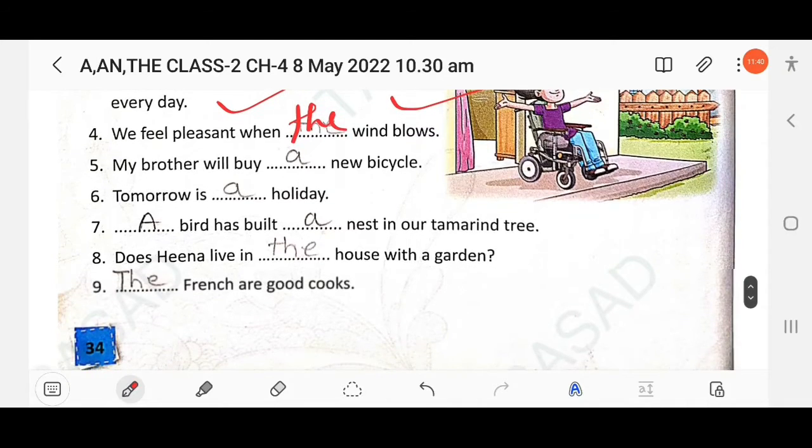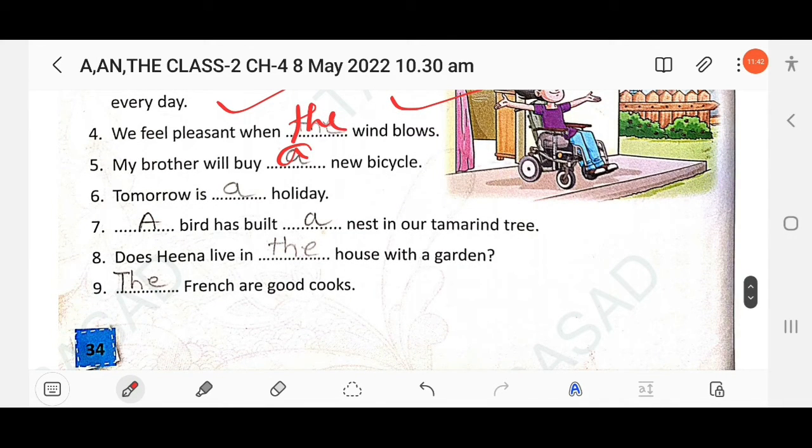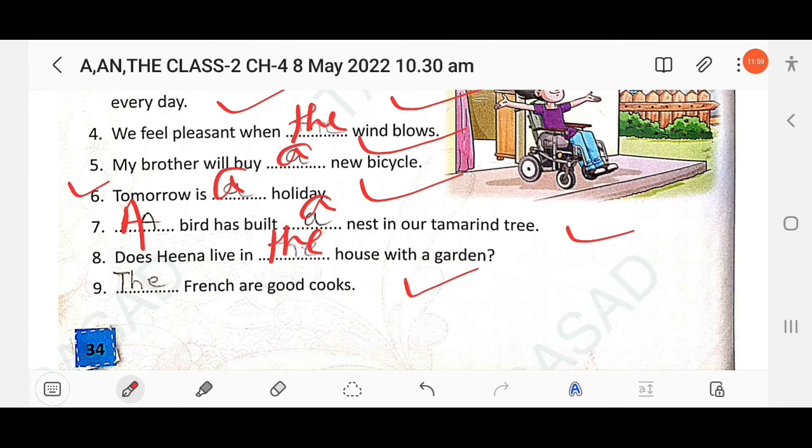Then next here, my brother will buy a new bicycle. Then next here, tomorrow is a holiday. Then next, a bird has built a nest in our tamarind tree. Then next, does Hina live in the house with a garden? Then next, the French are good cooks, the French.